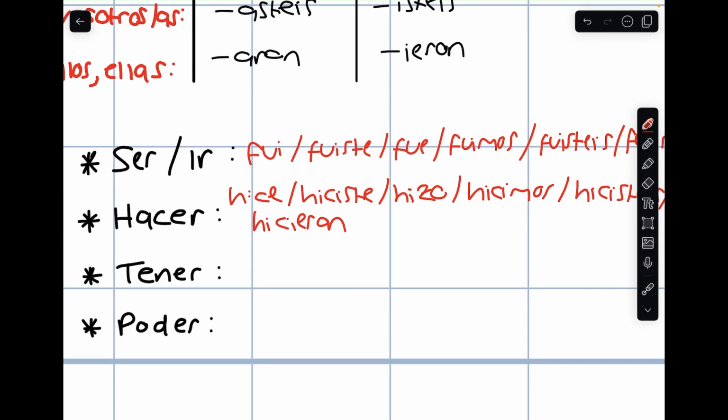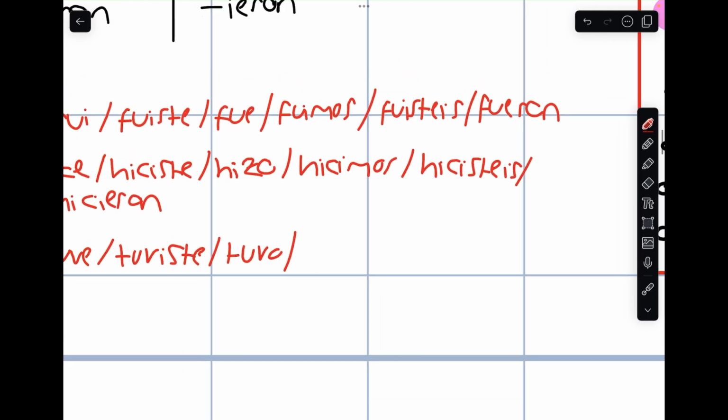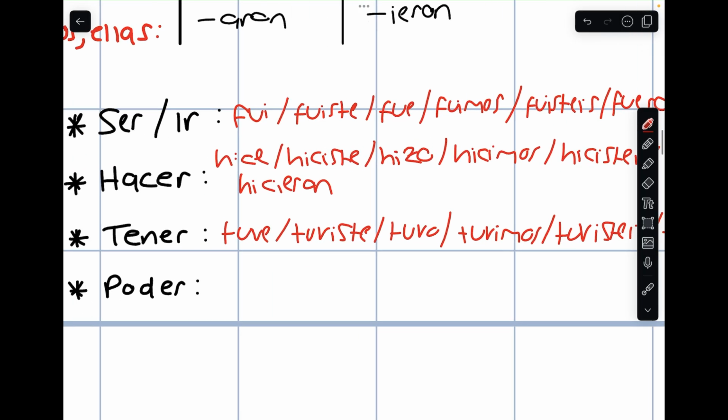Next we have tener. Tener in the preterite becomes tuve, tuviste, tuvo, tuvimos, tuvisteis, tuvieron. And the final verb that we have is poder.